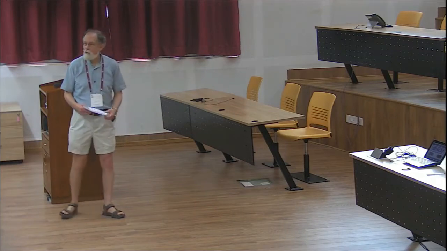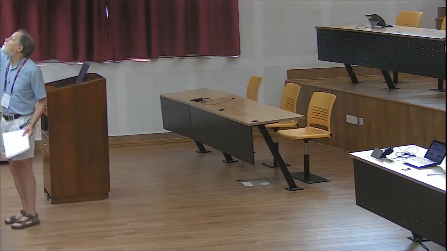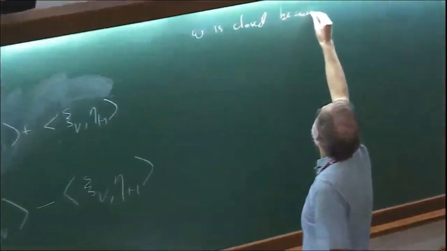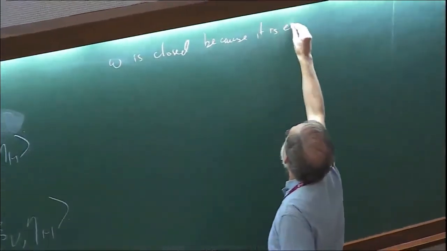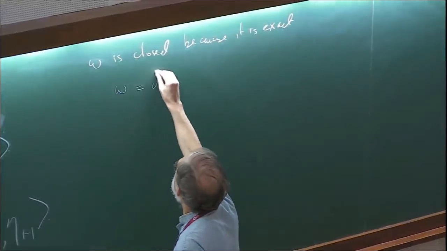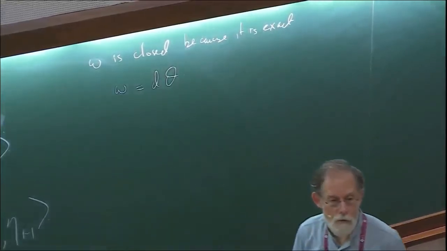Okay, well, this one is actually exact. It's closed because it is exact. So in fact, omega is d of some one form that I'll call theta.